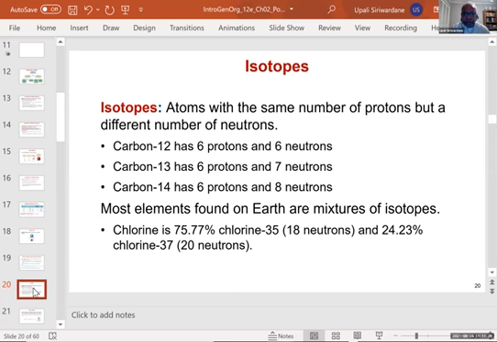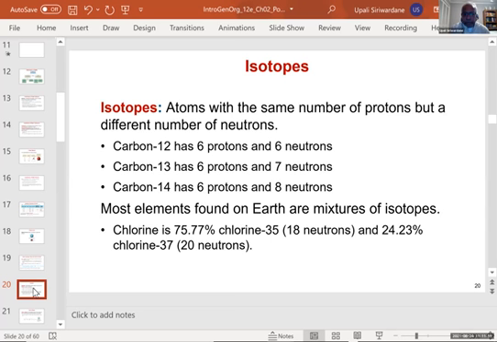Most elements found in the periodic table and found on Earth are mixtures of isotopes. For example, chlorine is chlorine 35 and chlorine 37.